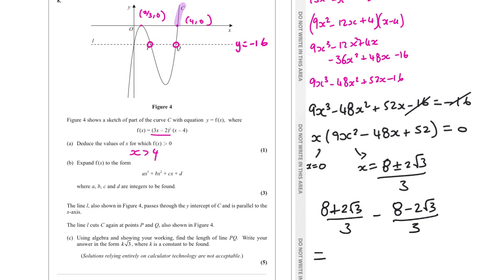And in the question it did say I wanted it in root 3, so I suppose that's a good sign. You'll get 4 root 3 over 3, which is 4 over 3 root 3. K is a constant. So K equals 4 over 3. And yeah, that looks about right.